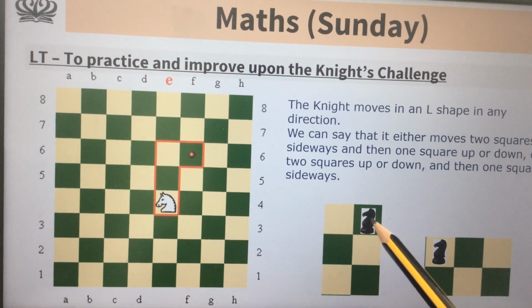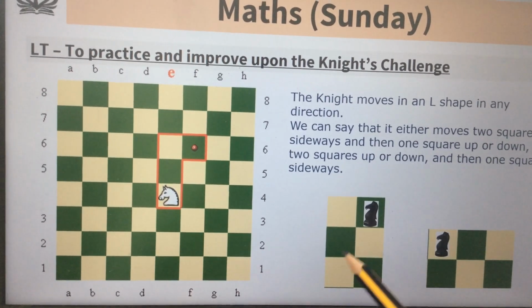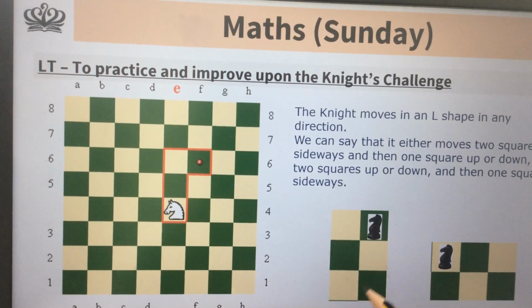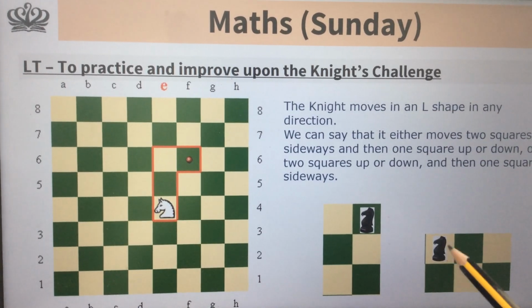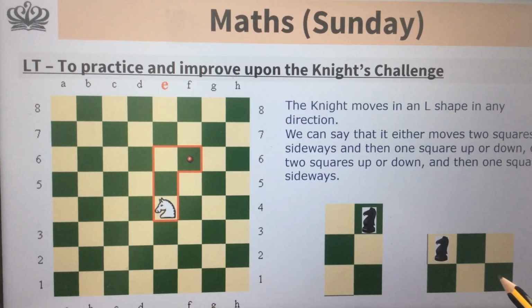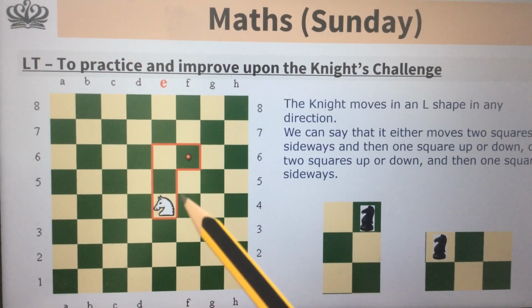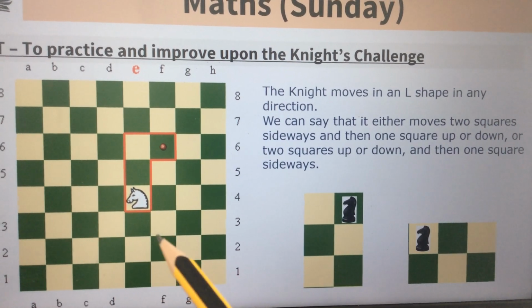So it can move from there to there. Okay, so it's kind of going across there. It doesn't just have to be the set of 6 that's set up vertically, it could be horizontally. So this knight can move to that square there. So it's always like an L shape. The knight moves in an L shape in any direction, so it can go any way it wants.